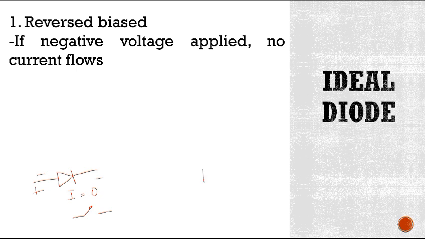Similarly, if a positive voltage is applied to the anode of diode, then zero voltage drop appears across the diode. Here, the diode behaves as a short circuit.